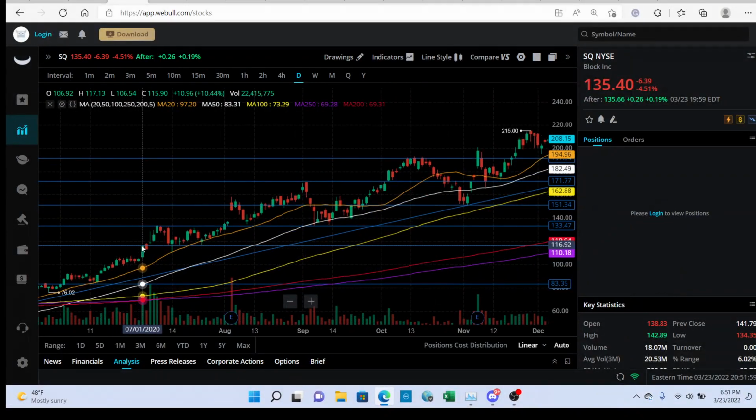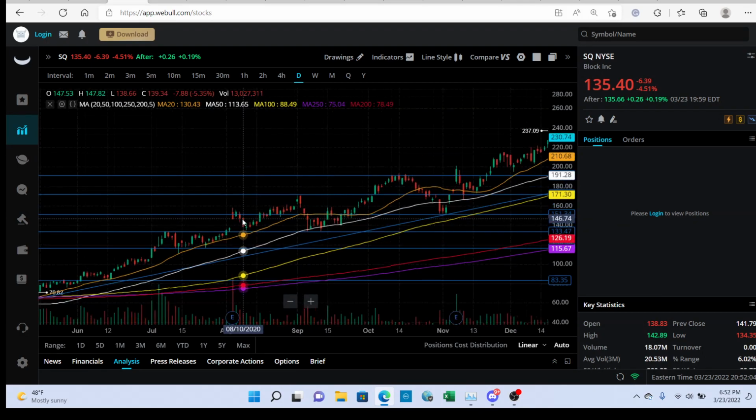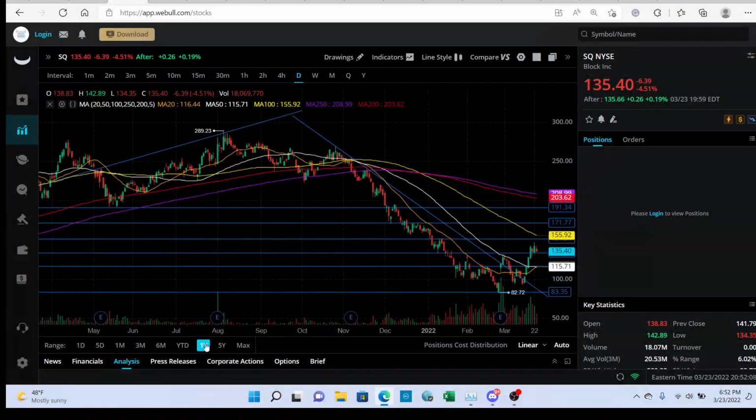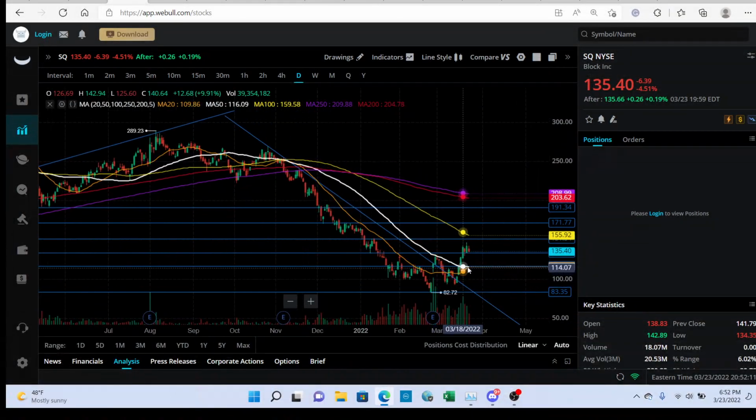When we broke past this area, which is 117, we had this rally up to 134. So that could be an area where, if this is a false breakout, we could revert back to. And we could see right here that the 50-day moving average is at around 115.71, so it's pretty close to that area.